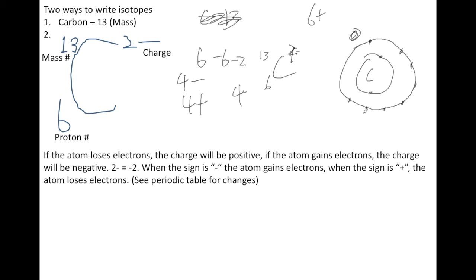Oops, that was not an electron; my drawing was so bad. It's 10 electrons. So it's 6 minus 10, and we get -4. That's the result we want.